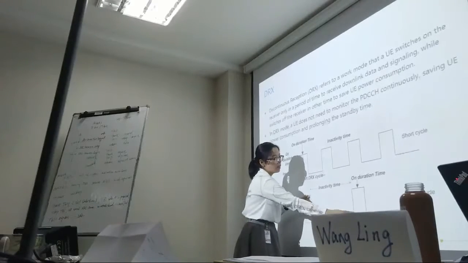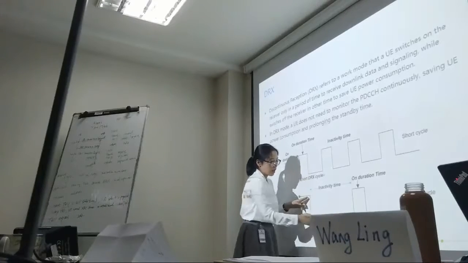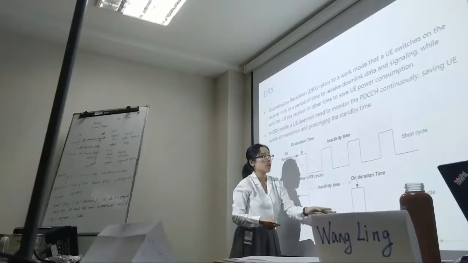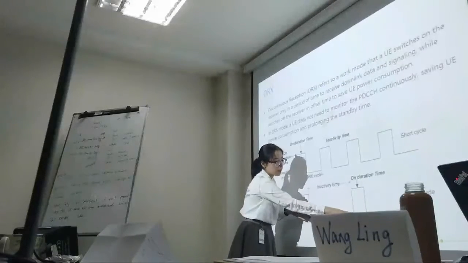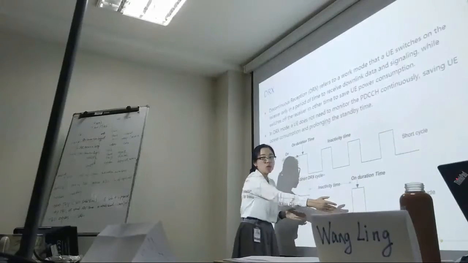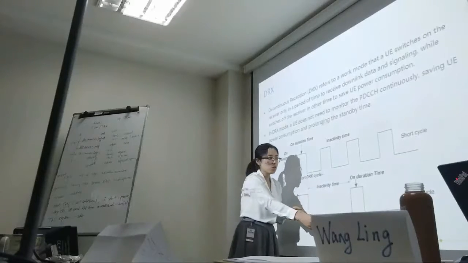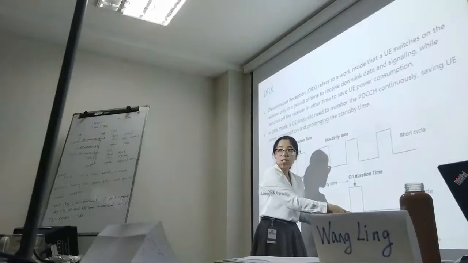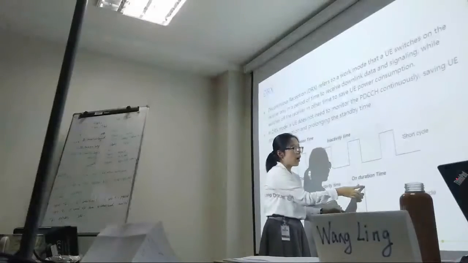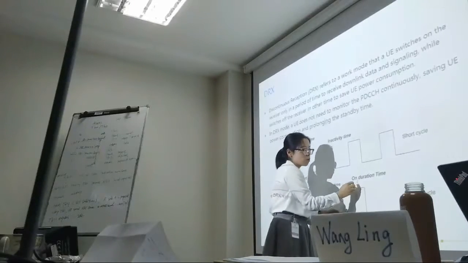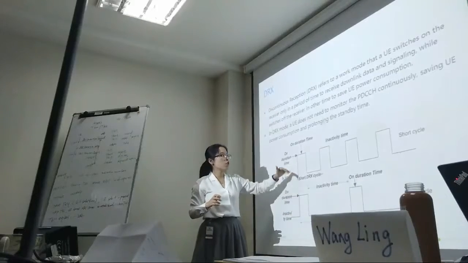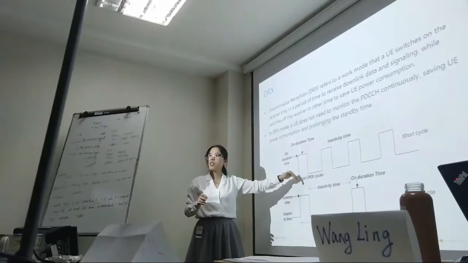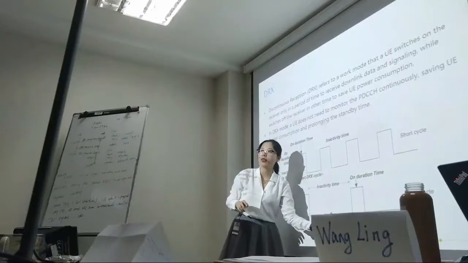This is the DRX inactivity time, and we can say it's a sleeping time. During this time I will not monitor the PDCCH. When the next cycle starts, I will monitor again. I only monitor at the on duration time. This is the long. For short, the same strategy applies, but the sleeping times are different.